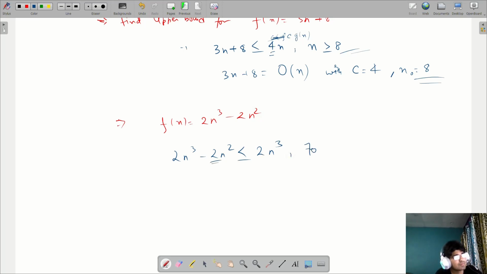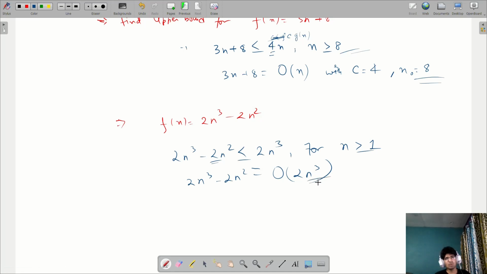This holds whenever n is greater than 1, because these will cancel and only one will be left over here. Not really a big problem, right? So we will have 2n cube minus 2n square equal to O of 2n cube.